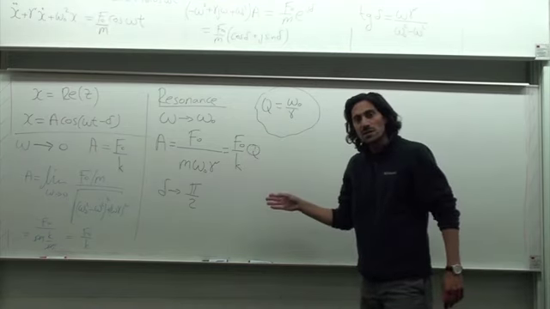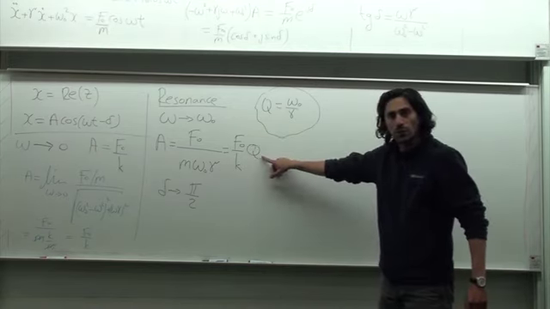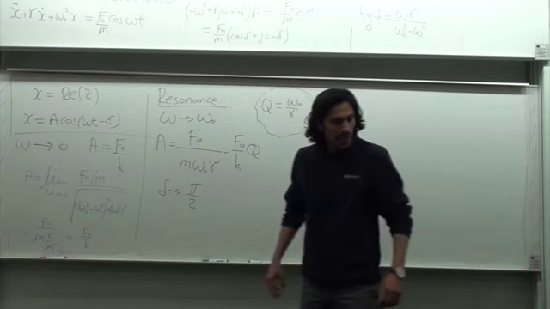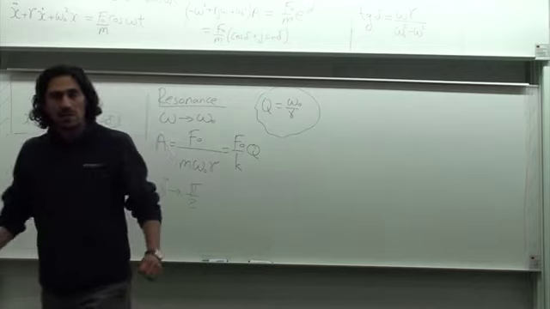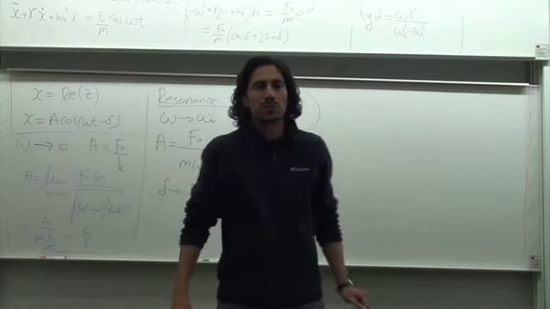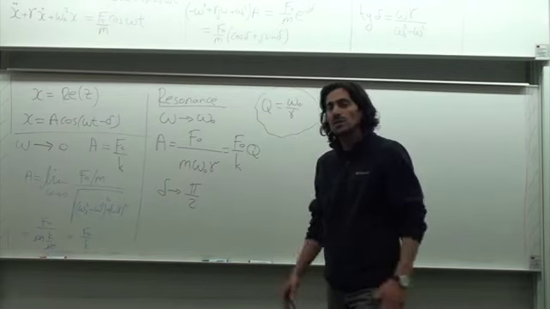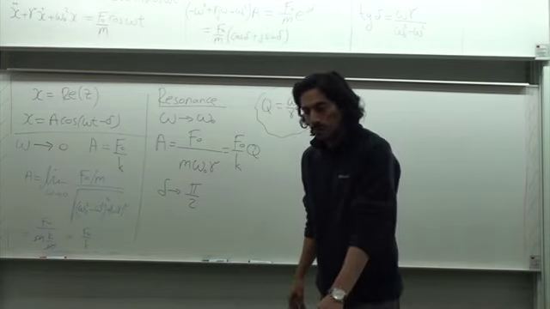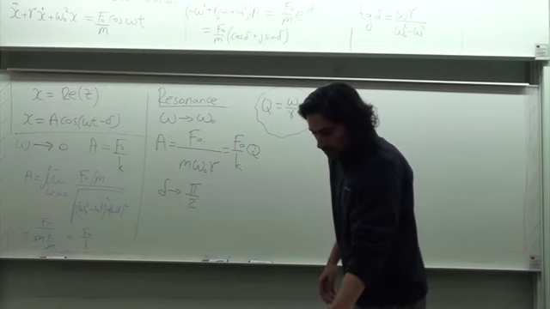But in the resonance case, there is a factor of Q for that amplitude. So if the quality factor of the system is 10, you would expect 10 times the amplitude to be larger. If it's 100, you would expect 100 times larger amplitude in the case of resonance.